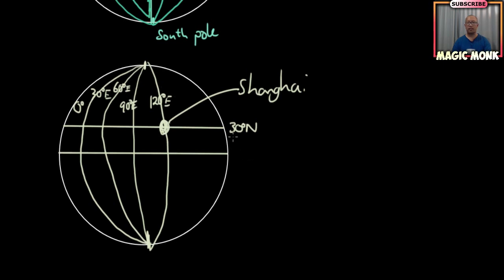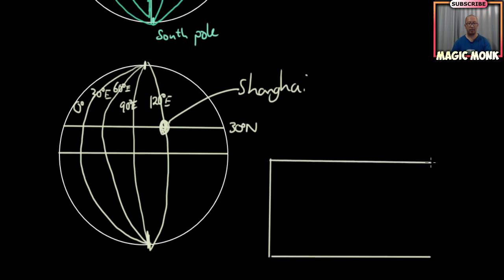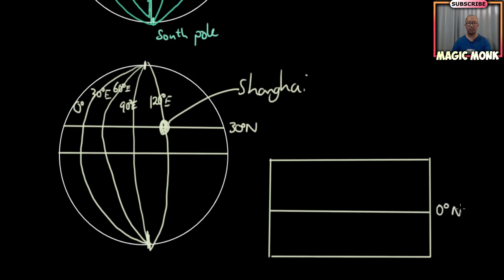Now you can also draw it on a normal map. If you have a rectangular world map, you can do that too. We have 0 degrees north, 30 degrees north, and let's say London is somewhere around here, 0 degrees.